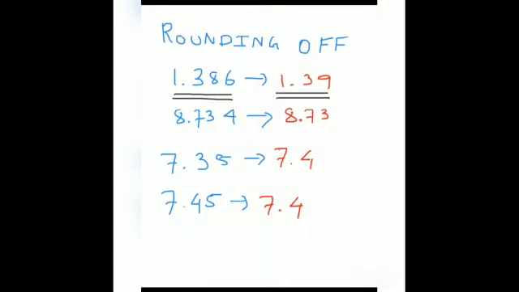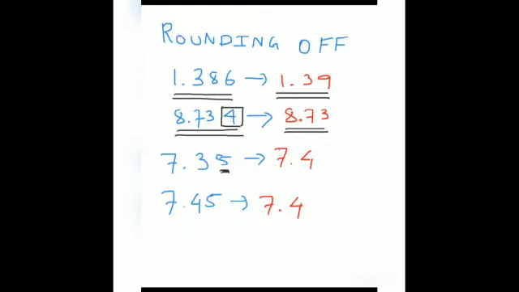If the rightmost digit to be removed is less than 5, then the preceding number is not changed. For example, if you write 8.734, if 4 is to be removed, then the result is rounded off to 8.73. Next, if the rightmost digit to be removed is 5, then the preceding number is not changed if it is an even number, but it is increased by 1 if it is an odd number.